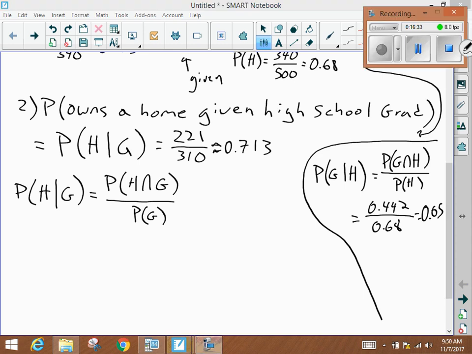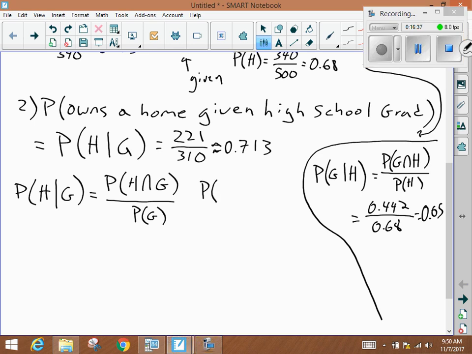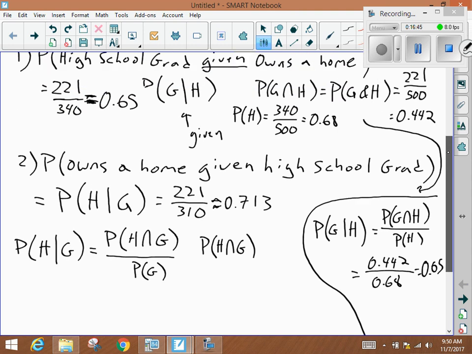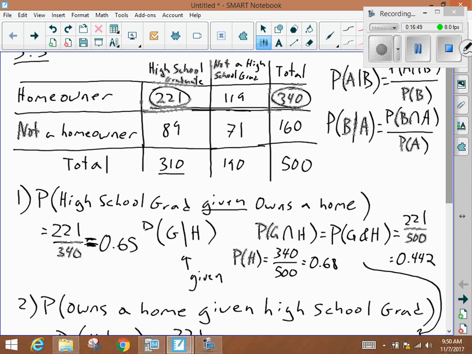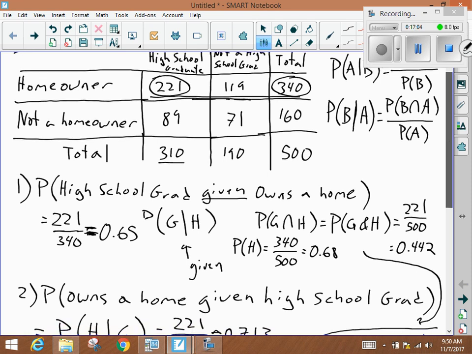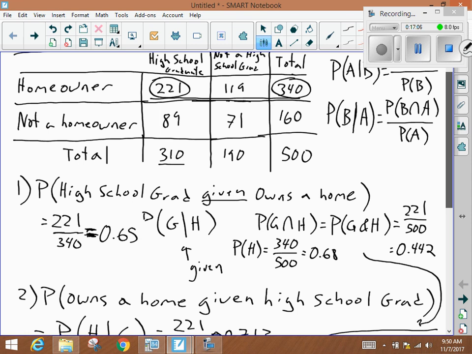All right, so we're going to calculate the probability of H intersect G, or H and G. So a homeowner and a high school graduate. High school graduate and homeowner is 221 out of 500, right? It should be the same as the probability that you're a graduate and a homeowner.